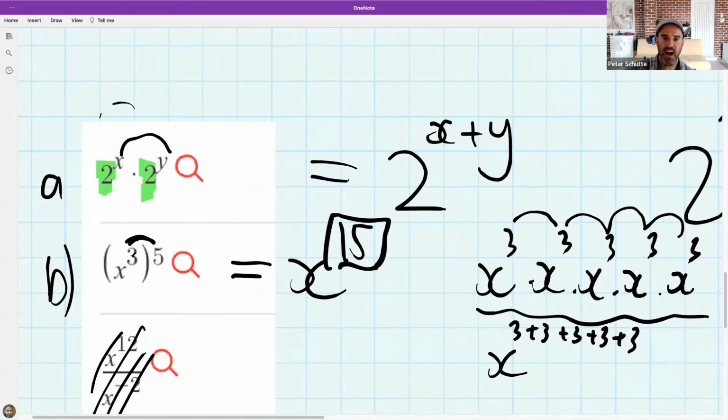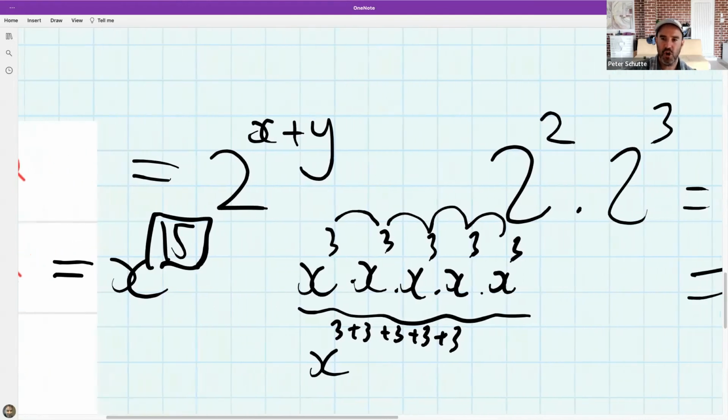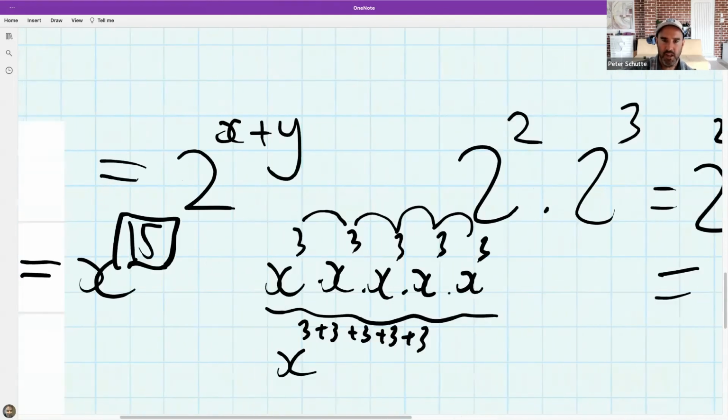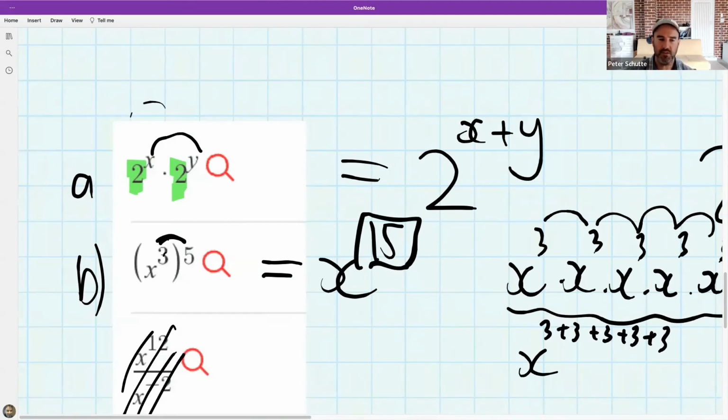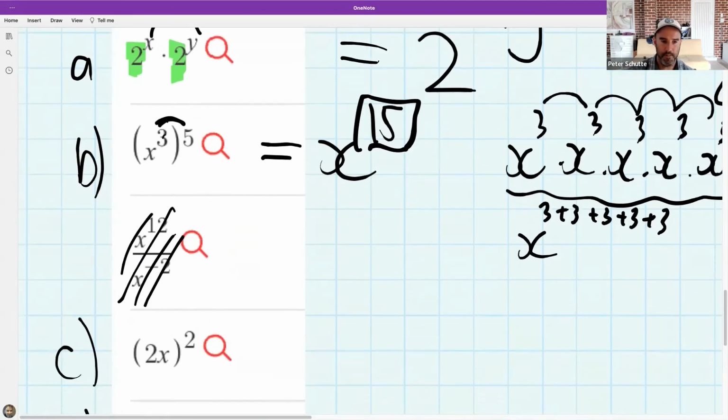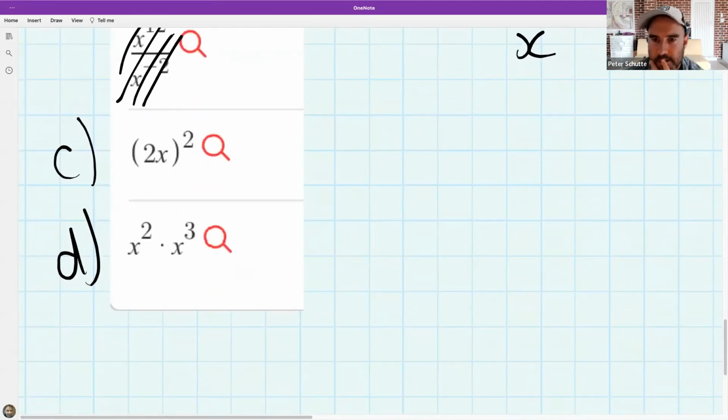So what I did was I made up numbers to show you the idea that I was using. But because X is an unknown, X could have been 7, it could have been 5. I made that up to make it a bit more concrete. But that's a very good question. So it didn't have to be 2 and 3. Anybody else? A question?